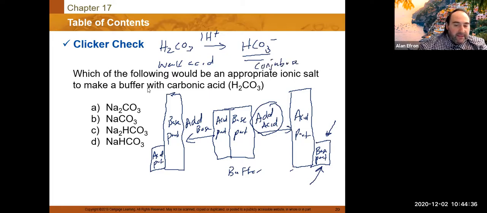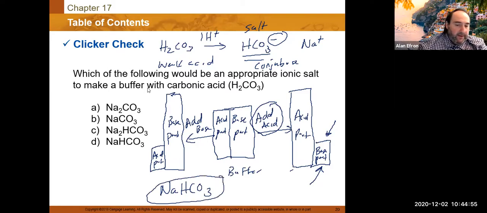What makes it the salt of its conjugate base is we put a positive ion on there to balance out the charge. If we put something like sodium here to balance it out to make it a salt, just an ionic compound, we should end up with NaHCO3 as the appropriate salt to make this buffer with, which looks like it is D here would be the right answer.